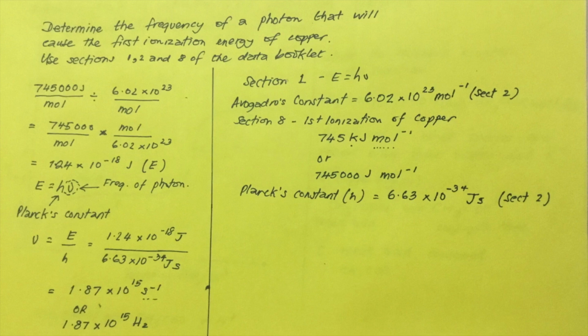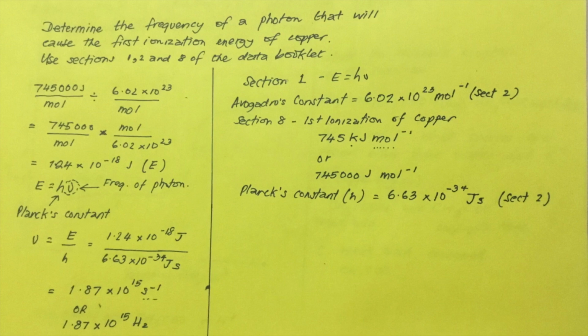And 1 copper atom is going to be 745,000 divided by 6.02 by 10 to the power of 23. And once we solve for that, we would end up with 1.24 by 10 to the negative 18 joules, that being the energy associated with the single photon.